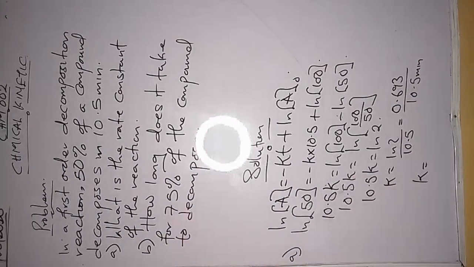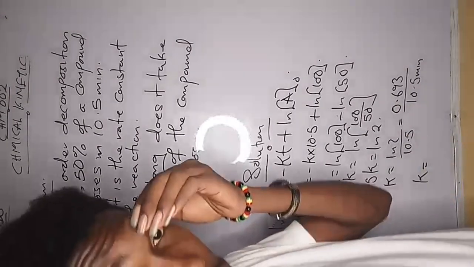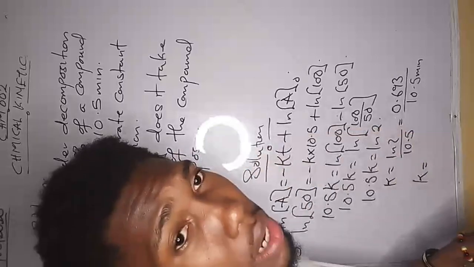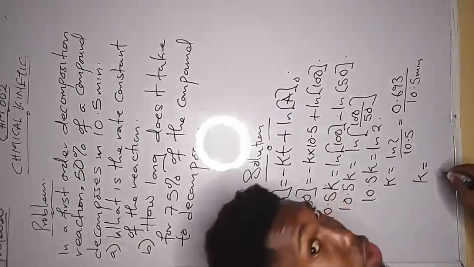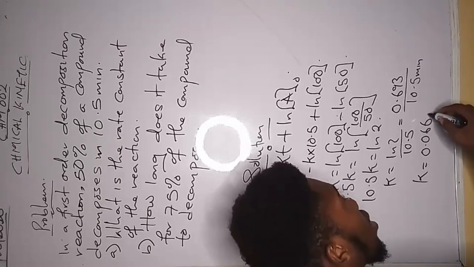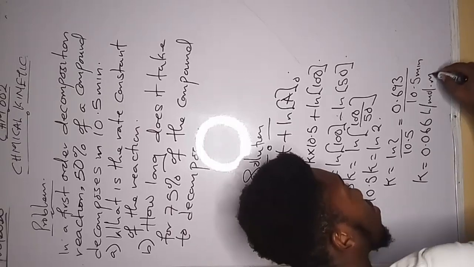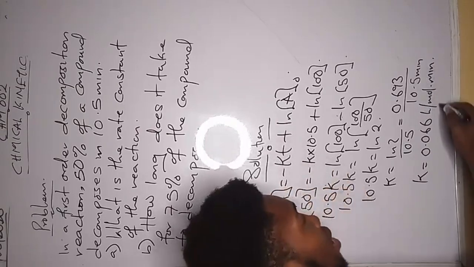So quickly divide this. What does it give us when we divide, please? 0.066. Okay, thank you. So we have 0.066 liters per mole per minute because we operated in minutes.